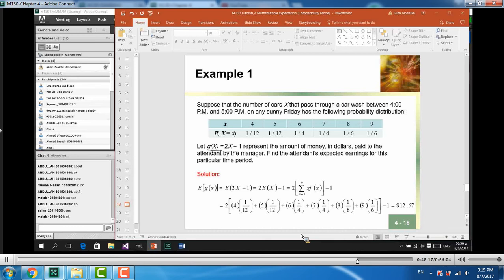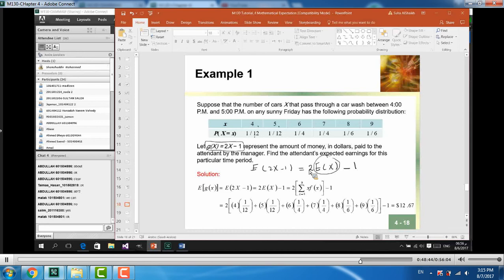Using the previous slide, the previous theorem here, this is 2 expectation x minus 1. الاكسبكتيشن x اللي هي الاكسبكتيشن العادية 4 في 1 over 12 5 في 1 over 12 6 في 1 over 4 7 في 1 over 4 8 في 1 over 6 9 في 1 over 6.